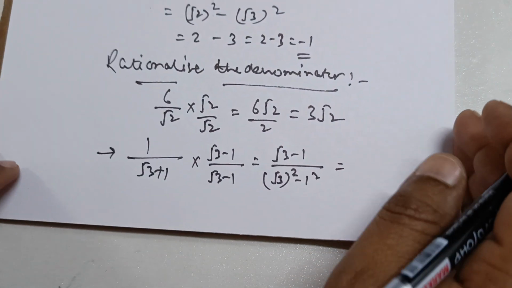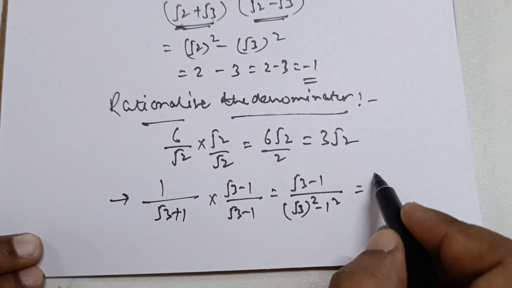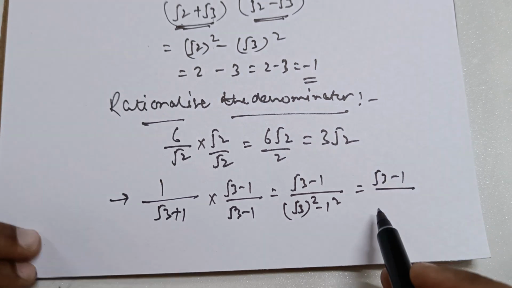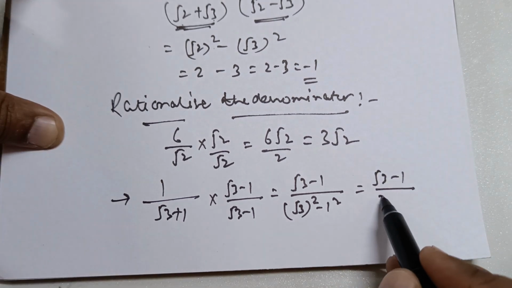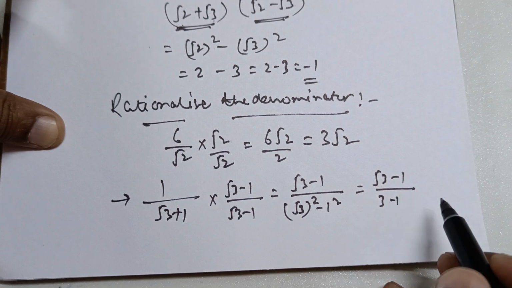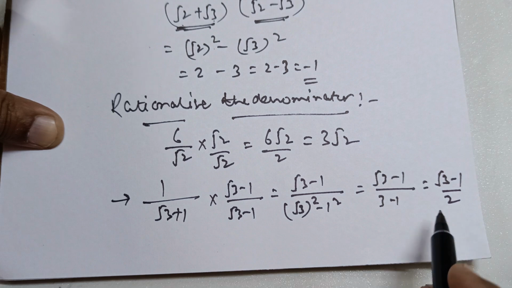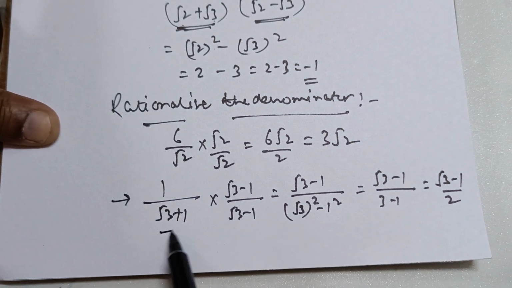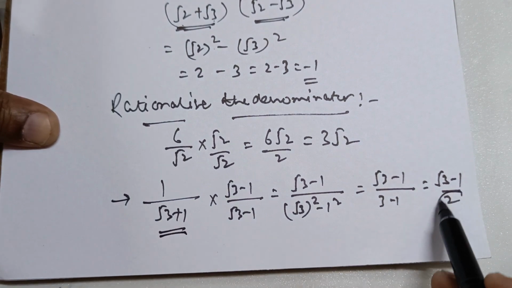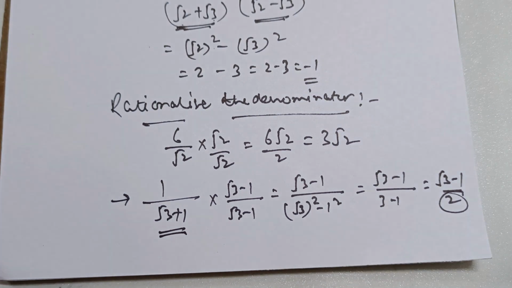So it is root 3 minus 1 divided by a square. Root 3 square is 3, 1 square is 1. So it can be written as root 3 minus 1 by 2. So here we saw that this irrational denominator has been changed into a rational number. So this is the method of rationalizing a surd.